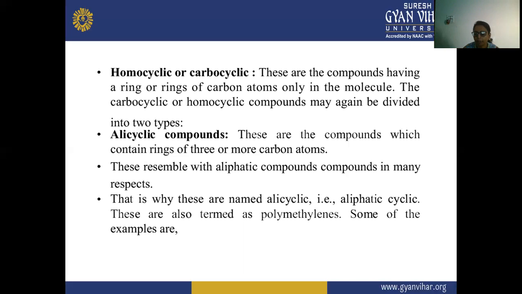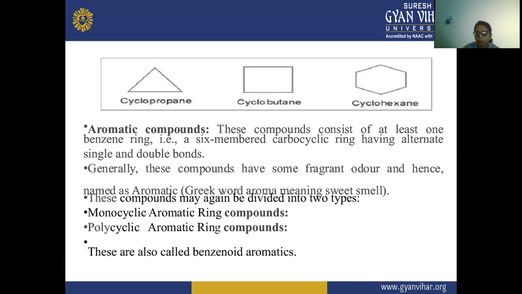The alicyclic compounds contain three or more carbon atoms and resemble aliphatic compounds in many respects, that is why they are named alicyclic, or aliphatic cycle, and they are also termed polymethylene. Some examples are cyclopropane, cyclobutane, and cyclohexane.